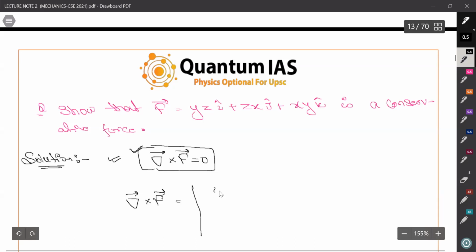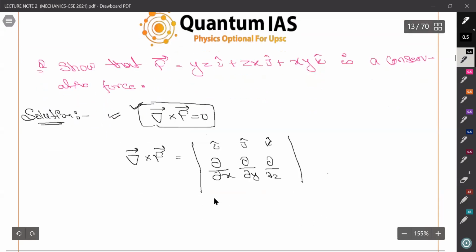So it will become i cap, j cap, k cap, del by del x, del by del y, del by del z. Okay, wait. For the introduction part, you have to write what you mean by conservative force. You should write that, and then all four properties, and then you will write down this part.